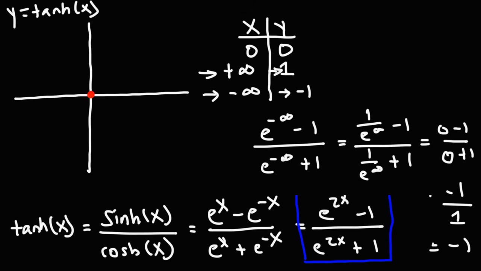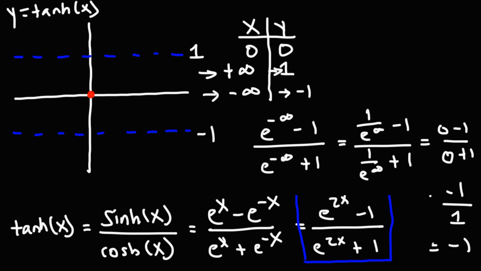So when x becomes very large, y approaches 1, which means that we have a horizontal asymptote at 1. When x becomes very small, when it goes to negative infinity, y approaches negative 1. So that's going to be another horizontal asymptote.